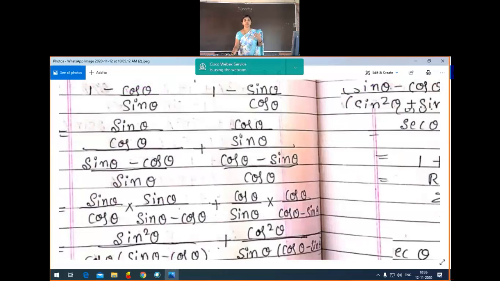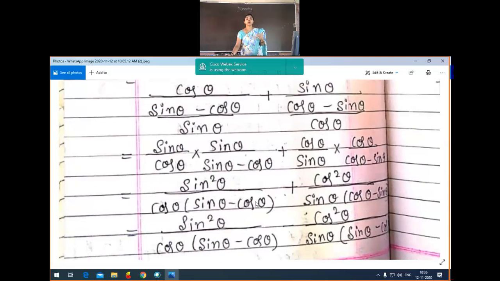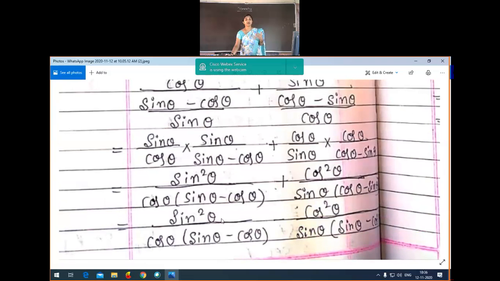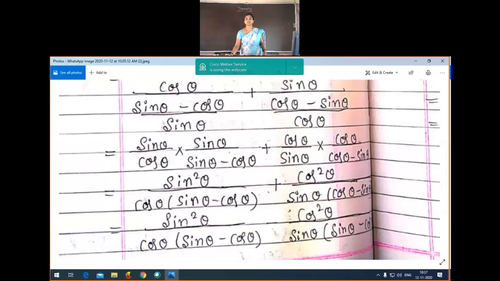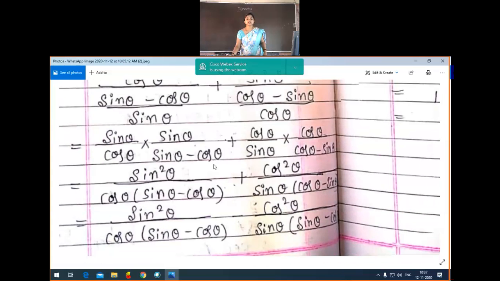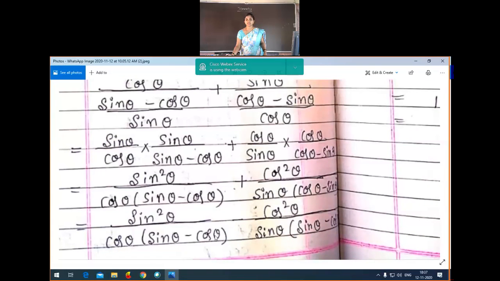So next what happens? See here. So what we have to do now? Sin square theta, so minus cos square theta here, minus cos square theta divided by cos theta into sin theta minus cos theta. Here in this denominator sin theta into sin theta minus cos theta. Now what we have to do? Just a subtraction method. So subtraction in the sense take the LCM. Okay. Cos theta into sin theta minus cos theta.